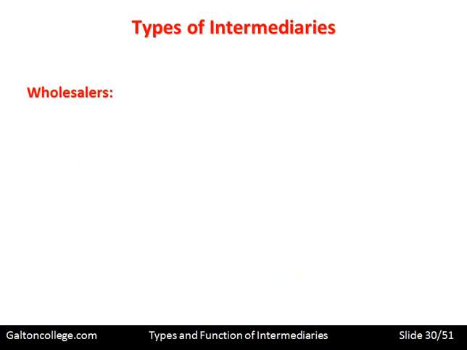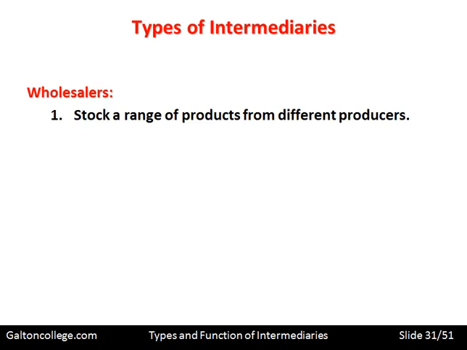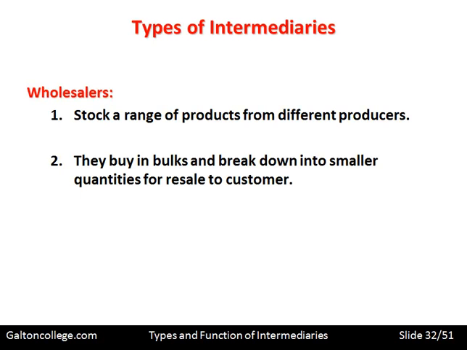Then another type of intermediary is the wholesaler, one which we've talked about often as an example in other videos. Wholesalers stock a range of products from different producers. They buy in bulk and break down into smaller quantities for resale to the customer. So the wholesalers can place big orders and then break the orders into smaller quantities and sell them on.